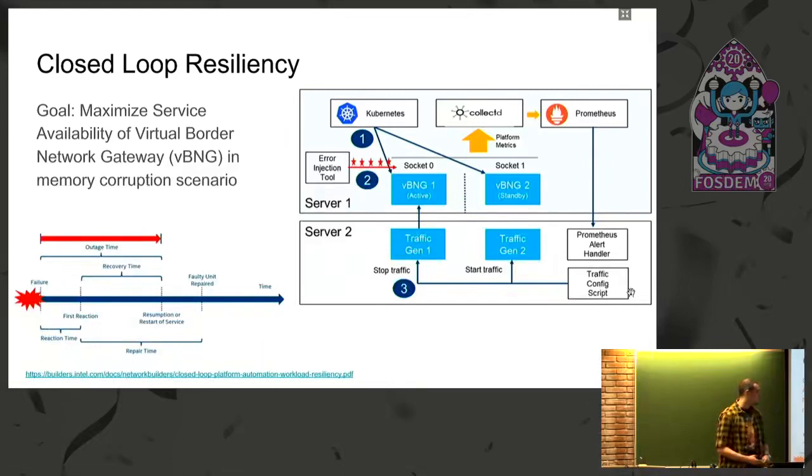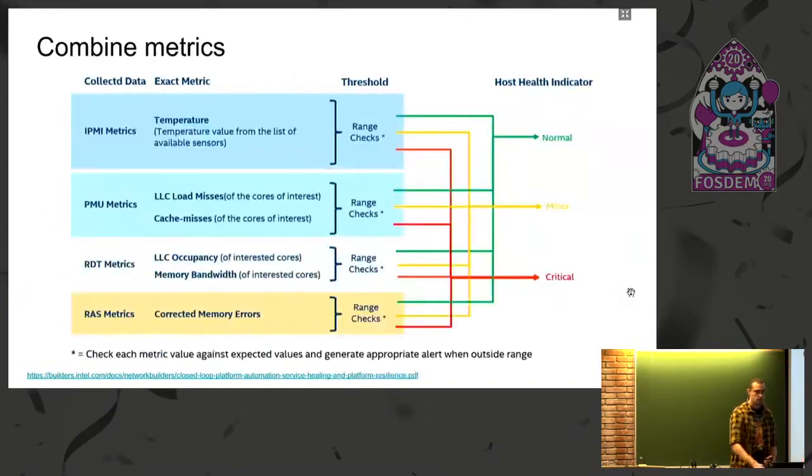So that was one of the first proofs of concept to show that it is possible, based on monitoring the platform telemetry, to prevent the outage time or shorten as much as possible any service interruptions. But there are more than just memory being corrupted.